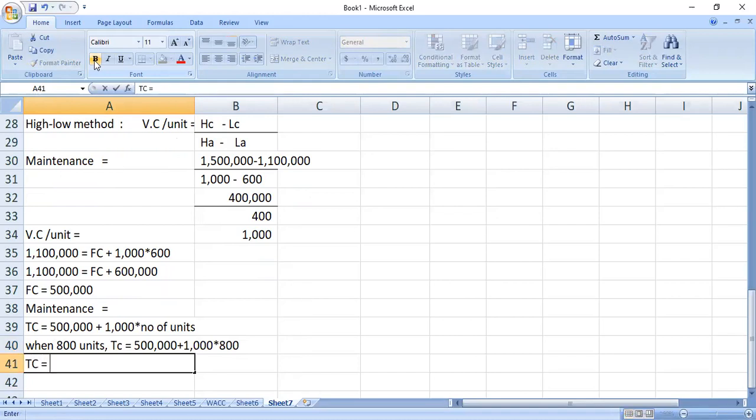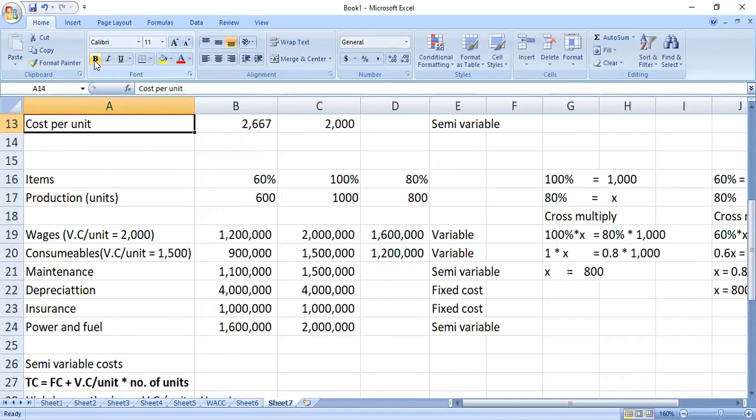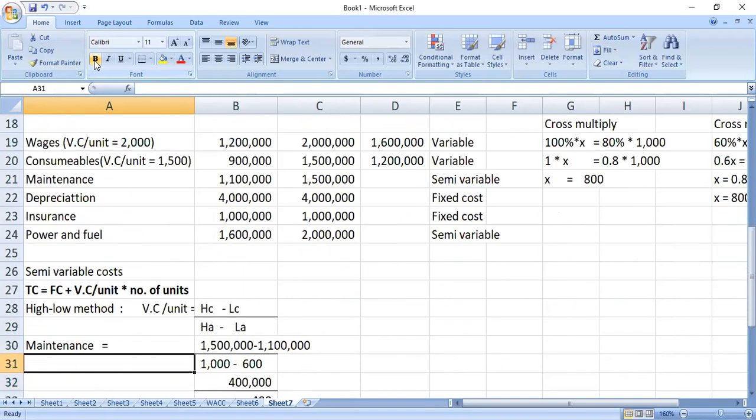So our total cost in terms of maintenance is 800,000 plus 500,000, that will be 1.3M. So that is your cost that you bring here under semi-variable, 1.3.